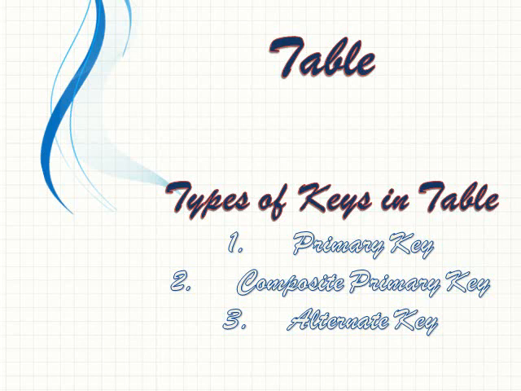The last is alternate key. See, it may happen that in a table more than one field can have values which are unique. Say for example, a table has two fields. One field is roll number and the other field is admission number. So naturally we know that roll numbers are different for every student if it is of a single class, and admission number certainly will be different for different students.